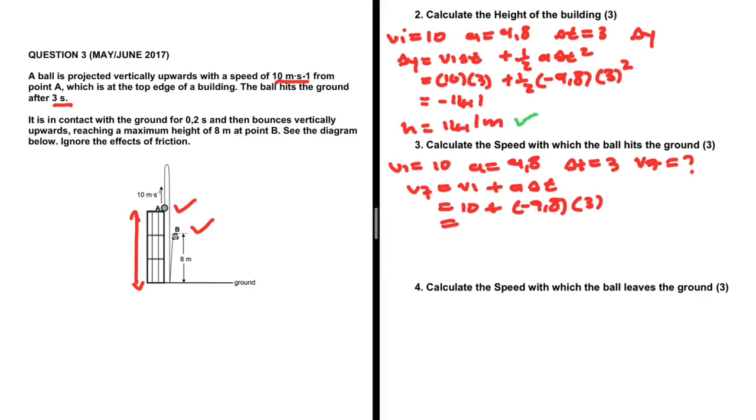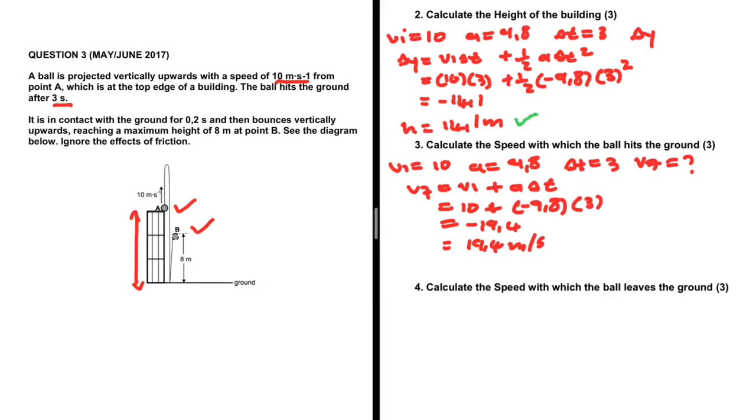So let me just go ahead and put that in my calculator. I have minus 19.4. So vf is minus 19.4, which is just 19.4 meters per second. We don't have to indicate the direction because the question is asking for the speed and not the velocity.